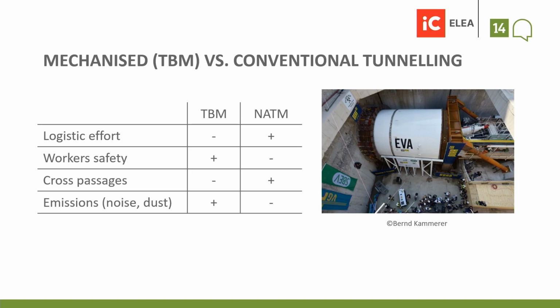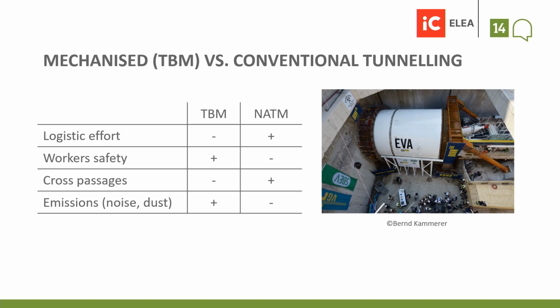Further, a high voltage is needed to operate the machine, and many of the spare parts of such a TBM have long lead times, which also need to be taken into account. In terms of worker safety, it can be stated that the TBM ensures less risk of injury and less emissions, such as noise and dust.